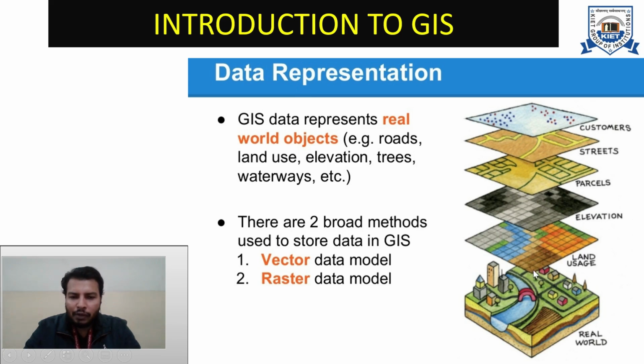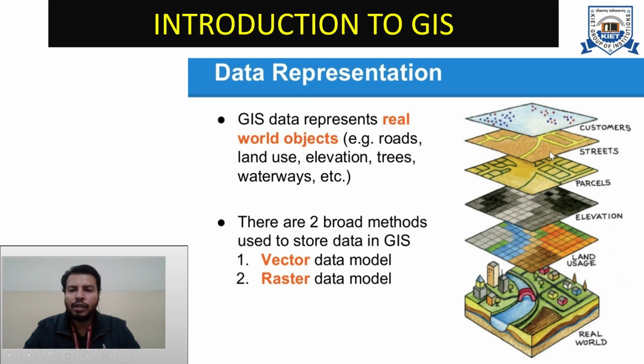You will have different types of layers. In one layer I am showing the land usage, that is, how the land is being used. In another layer I am showing the elevation, that is, the elevation of different points in the area under observation. Then in another layer you can see how that area is distributed, what the different land use patterns are.